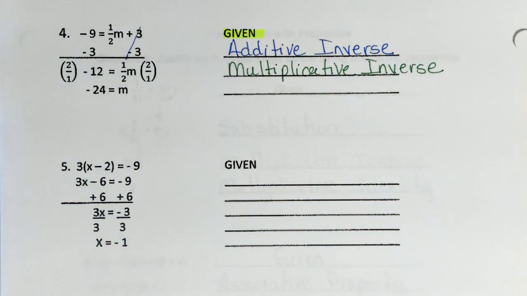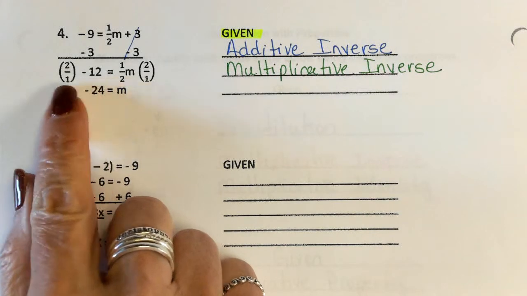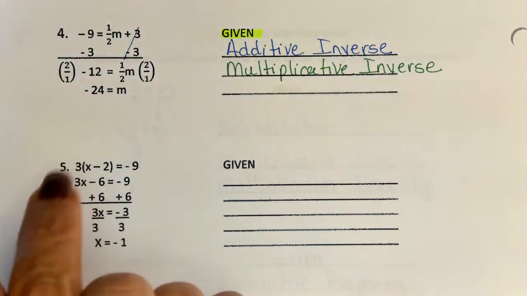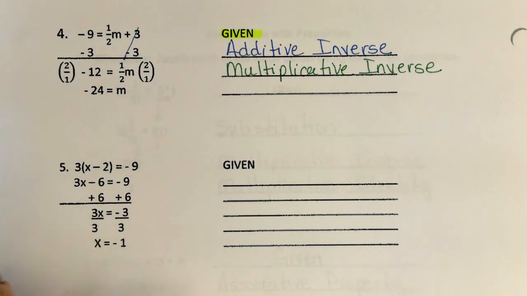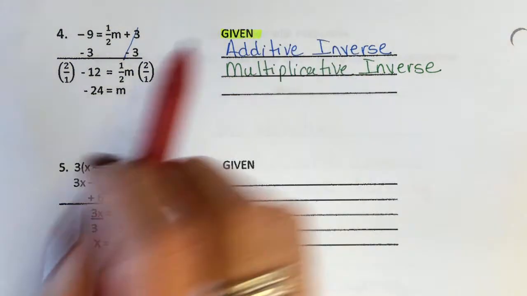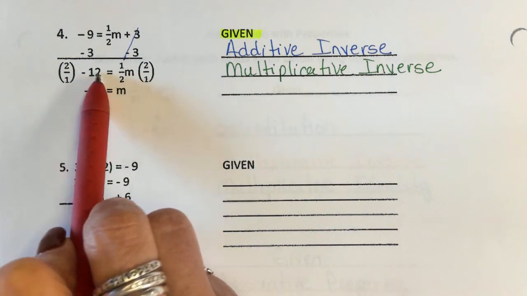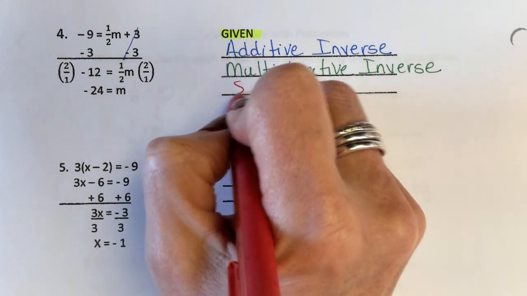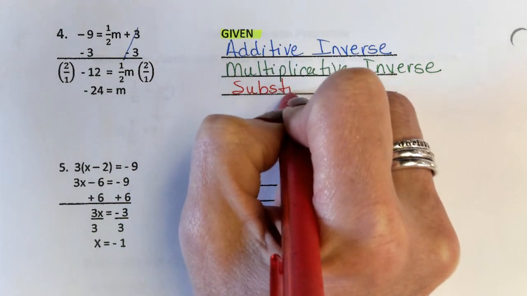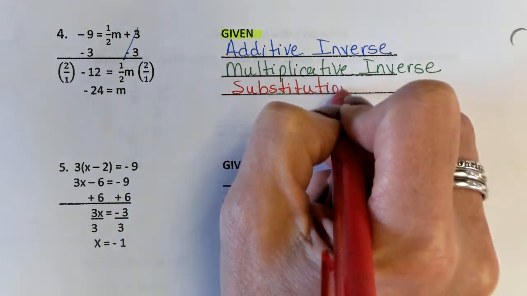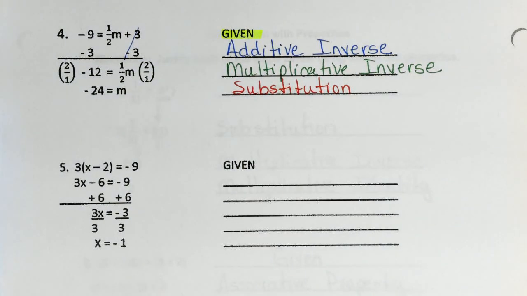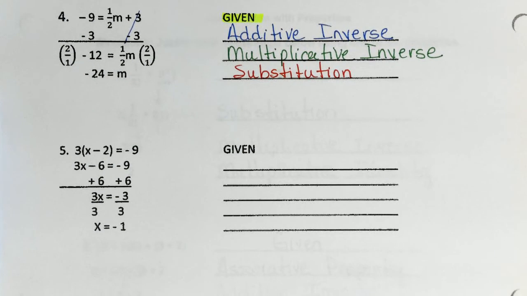And then last, we are taking this information and getting the answer -24. So anytime you're just getting that answer, that is a substitution because we're substituting this information with negative 24. So we have a substitution here. Okay, so that's really all there is with that one. That's kind of a short one.